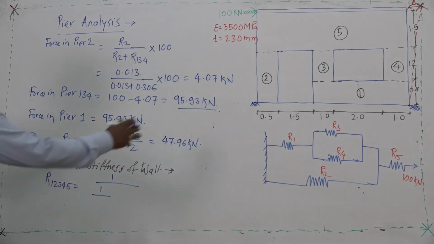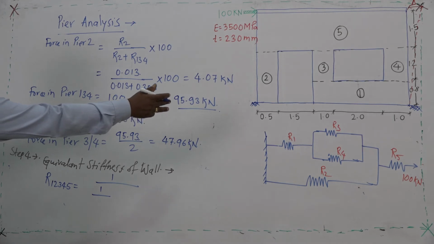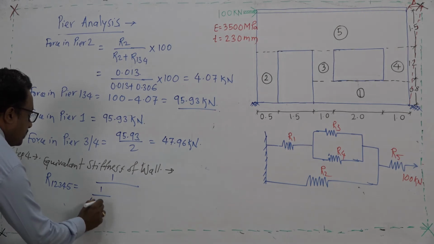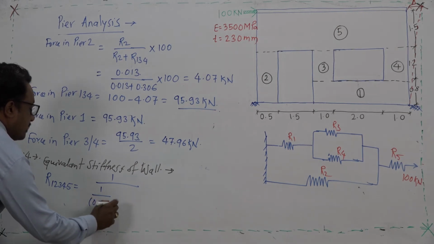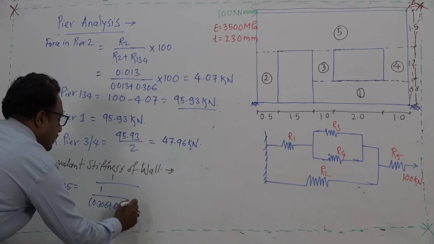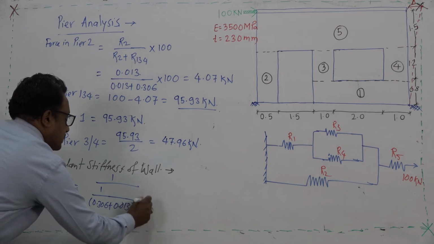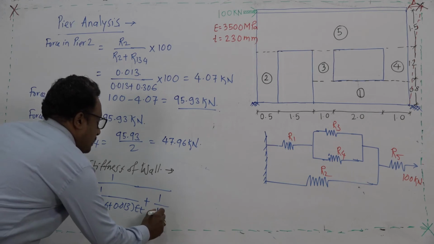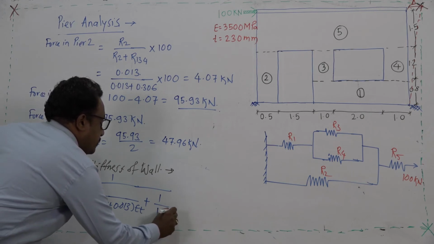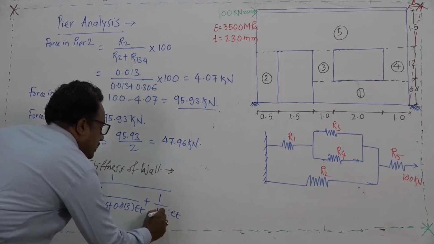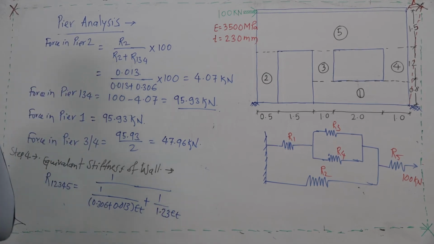So, I will write here. So, I know the value of R 134. So, what is the value? 0.306 ET plus about R2 I know 0.013 ET plus 1 divided by 1 plus 1.65 times ET, 1.23 ET.